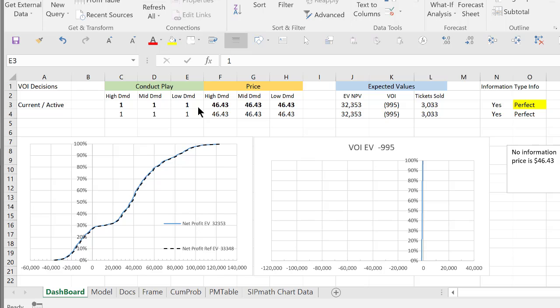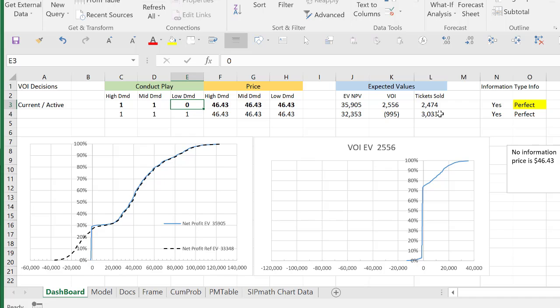So the question is, can we improve on this? And of course we can. The first thing we'll try to do is turn off the low demand. That makes sense to us.